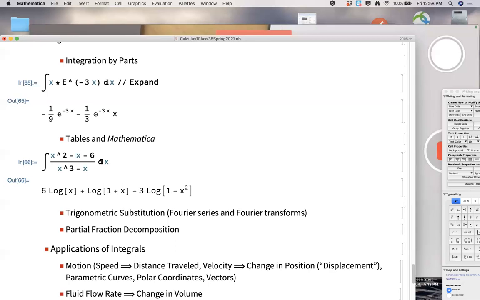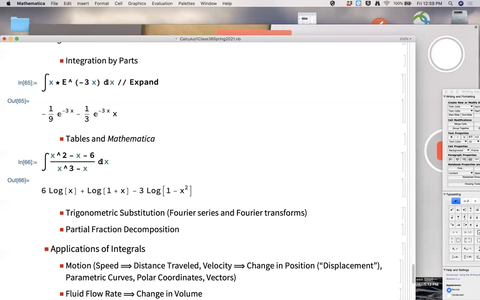And Fourier series and Fourier transforms are really important in science and engineering, for one thing, because they're part of the modern communication scheme. They help you with, you might call it signal processing. For example, television signals or radio signals or cell phone signals.